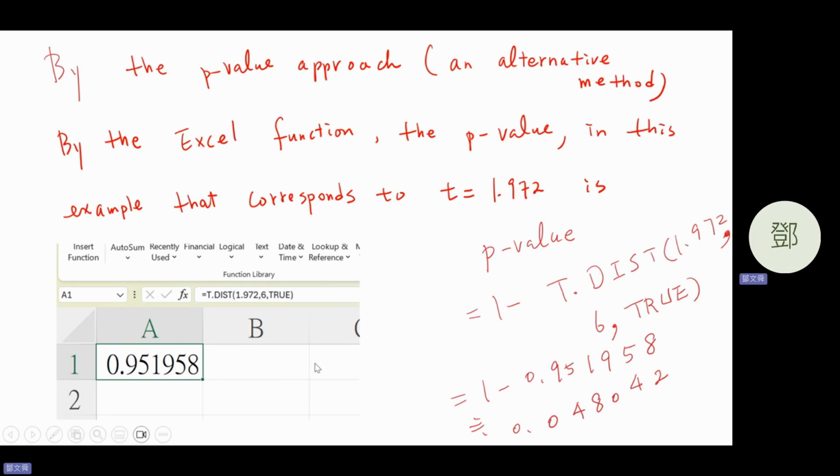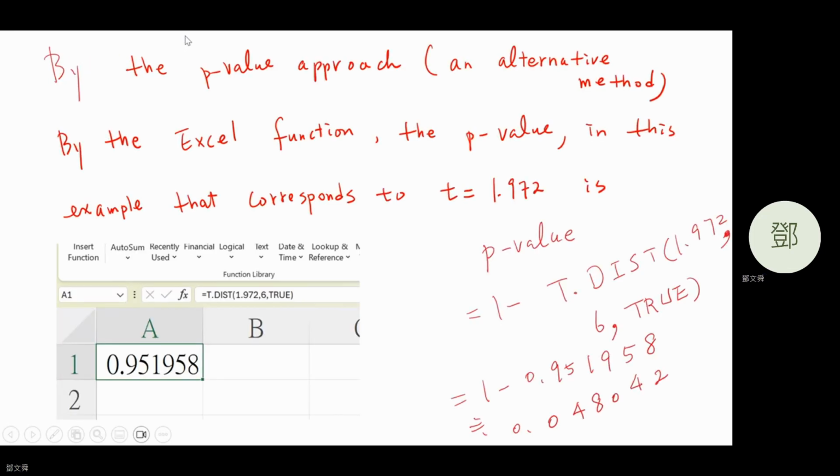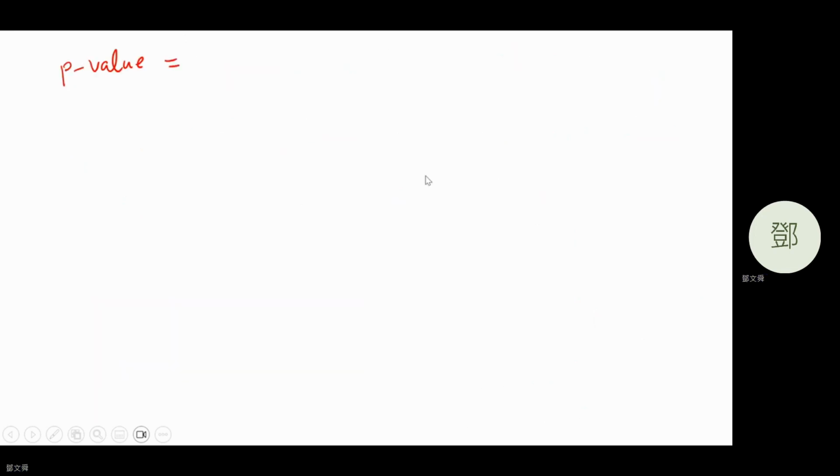So what is the value of p? It is 0.048. This is bigger than half of the level of significance, 0.025.